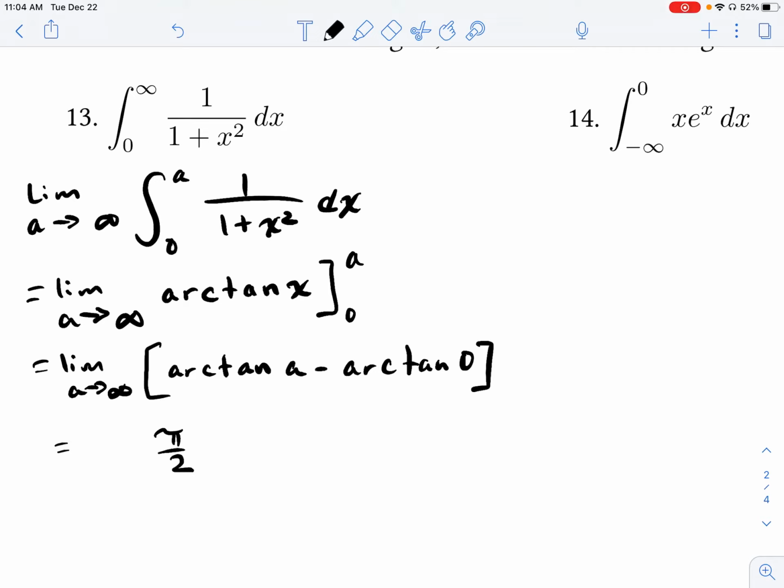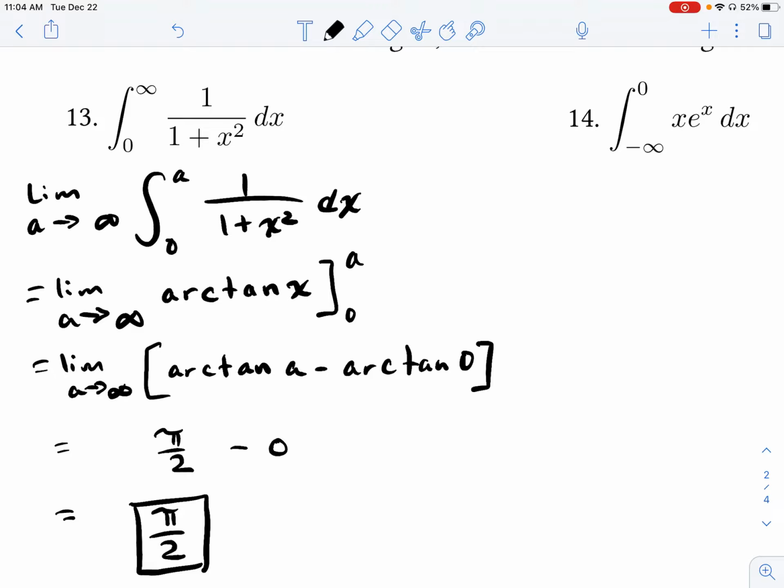Taking the limit of that doesn't matter because the constant a isn't in our function. We're just saying the arctangent of 0, and that is going to be 0. So we have pi over 2 as our integral. We see here that this integral converges to a finite value, that finite value being pi over 2.